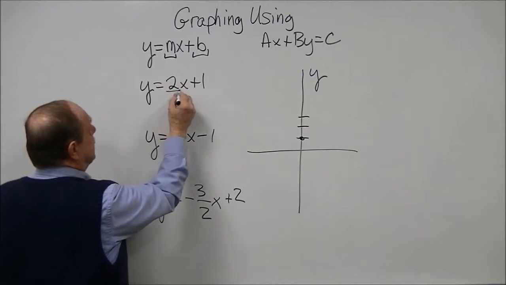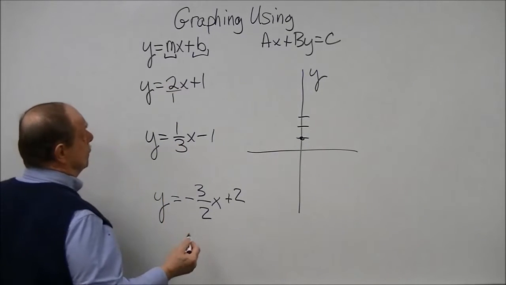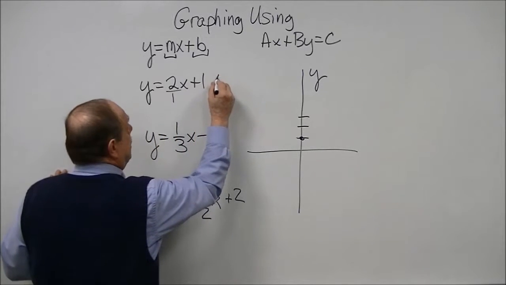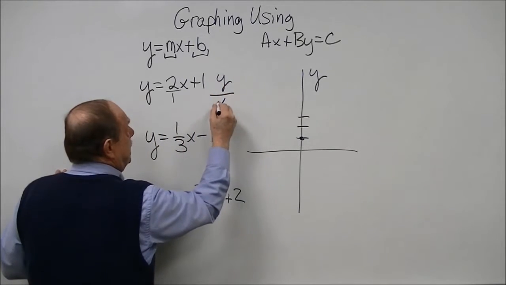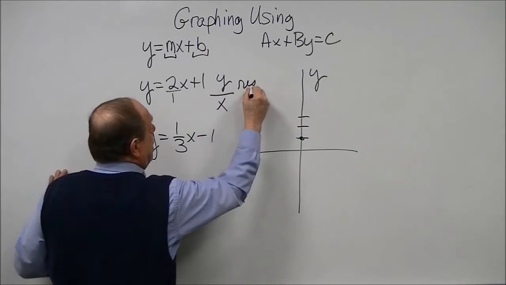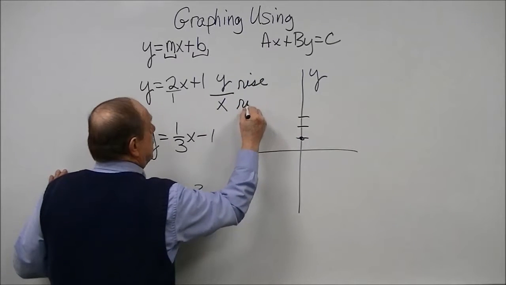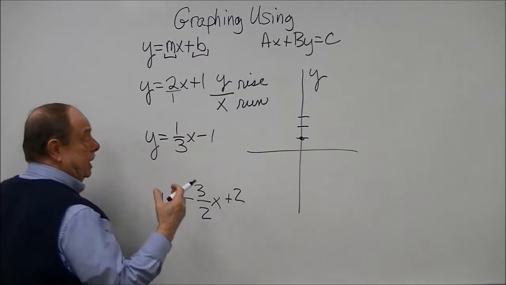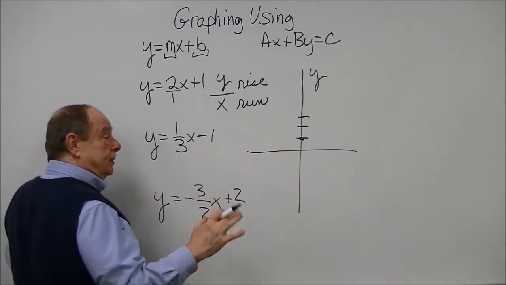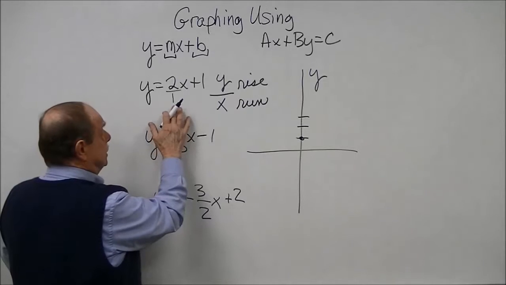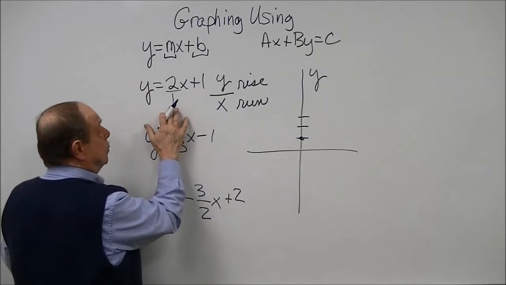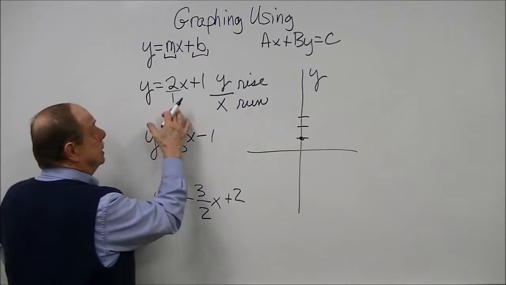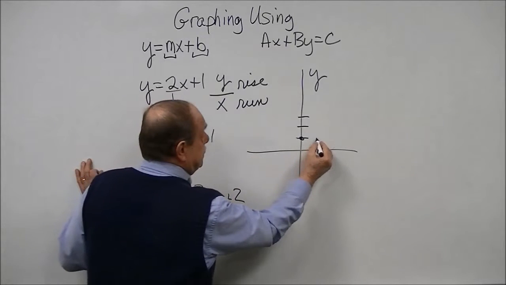And if you look at your slope, and remember every number is over 1, and slope is y units over x units, or rise over run. So again, develop your technique. There's different ways to do it, but I suggest you start with the run, which is your x units, and it's 1 positive, so you go over 1.